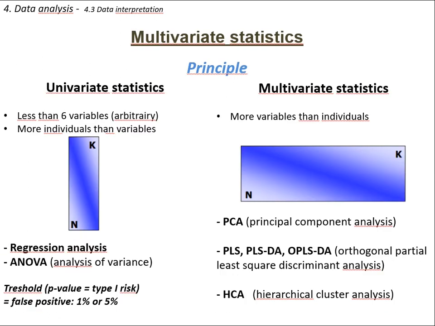Now, to understand this data, we use multivariate statistics. The principle is as follows. With univariate statistics, usually when you have less than 6 variables, you can do a manual analysis of these variables. And in this case, you have more individuals than variables. You can use univariate statistics like parametric or non-parametric tests, like ANOVA, analysis of variance, Student test, regression analysis. The good aspect of this is the threshold, the risk you take.